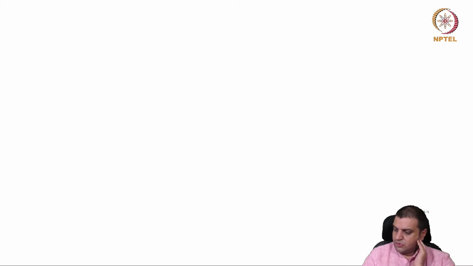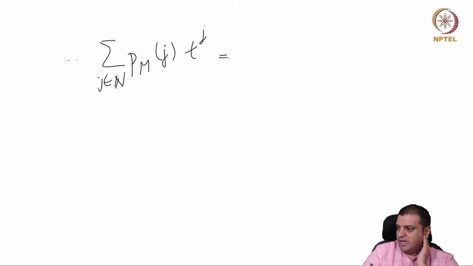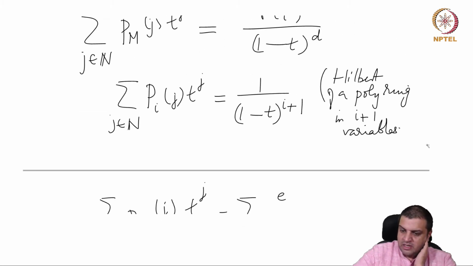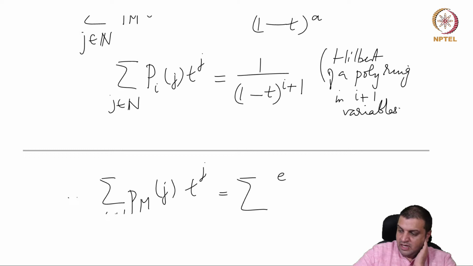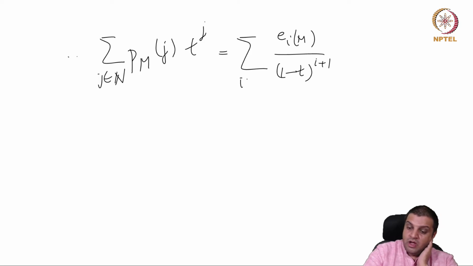So this is the basic thing. Therefore, if we take the sum of P_m(j) t to the j, j inside n, this can be written as each of those multiplied by e_i divided by 1 minus t to the i plus 1, where i goes from 0 to n minus 1.